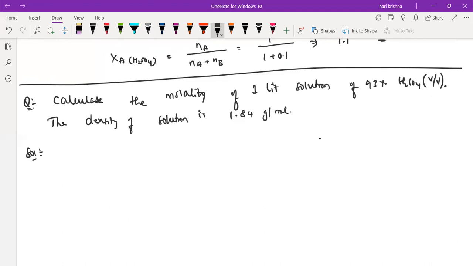So what is the molality formula first? See, Vishwanath, only you are there in the class. So unmute yourself and reply first. What is the molality formula?